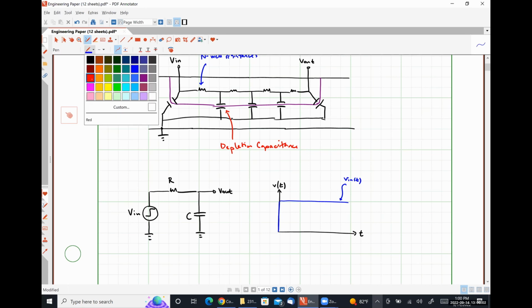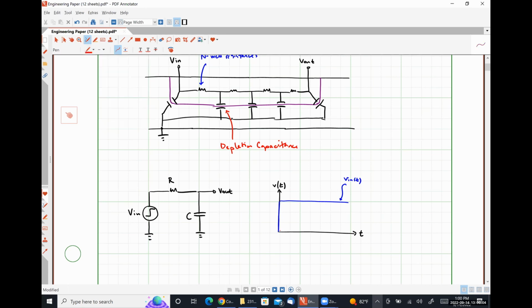And our output voltage would look like this guy in red. We see some RC delay because it takes time for the capacitor to charge. That's trivial, right?